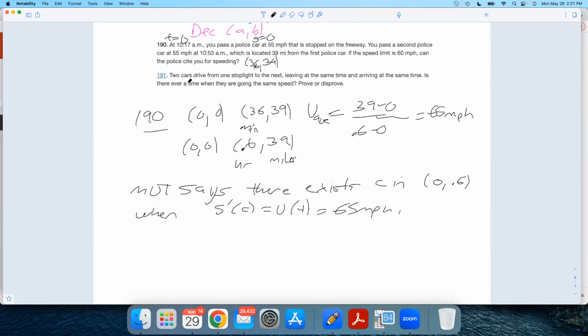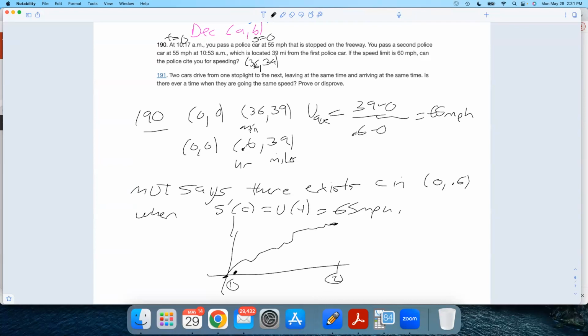Okay, here's another example. It's basically the same example. We've got two cars. Car one takes off. I don't know how it's driving, but at some point it reaches the other stoplight. So they're going from one stoplight to the next. Here's stoplight number one, here's stoplight number two.